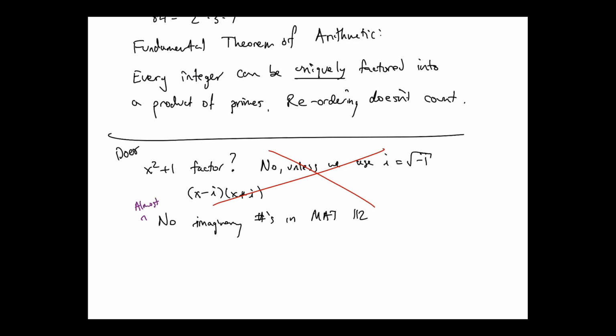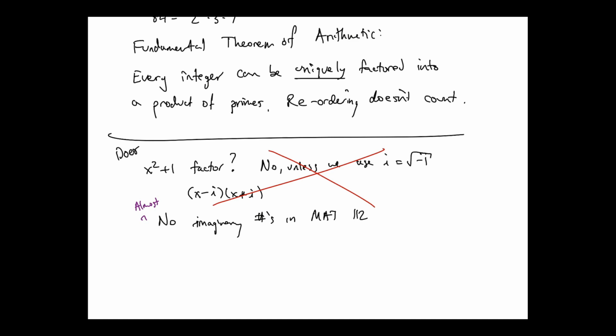Maybe we'll mention them later on. If you use imaginary numbers, you can factor x squared plus 1 into x minus i and x plus i. If you do not allow yourself imaginary numbers, then x squared plus 1 can't break up any further.